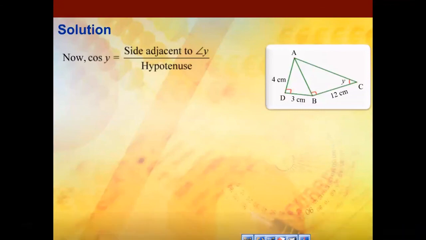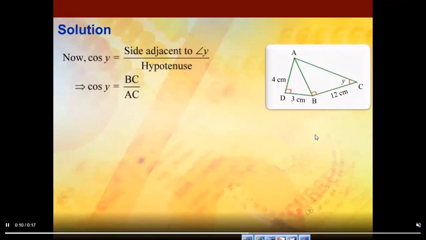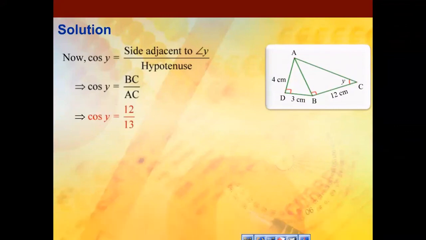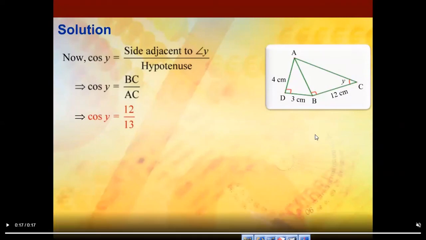Now you know what cos y is? Yes, children, cos y is nothing but the side adjacent to angle y upon hypotenuse. Now the side adjacent to angle y is BC, sorry, children, BC upon AC. So substituting BC and AC, we get cos y as 12 upon 13.